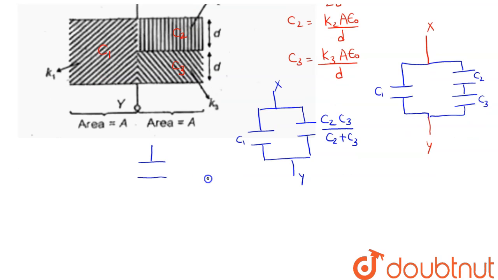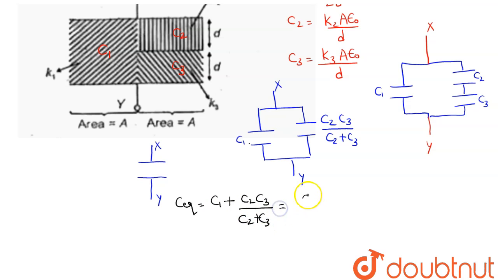So the equivalent capacitance between these two points x and y comes out to be C equivalent, with C1 and C2 C3 by C2 plus C3 in parallel. So equivalent is C1 plus C2 C3 by C2 plus C3.